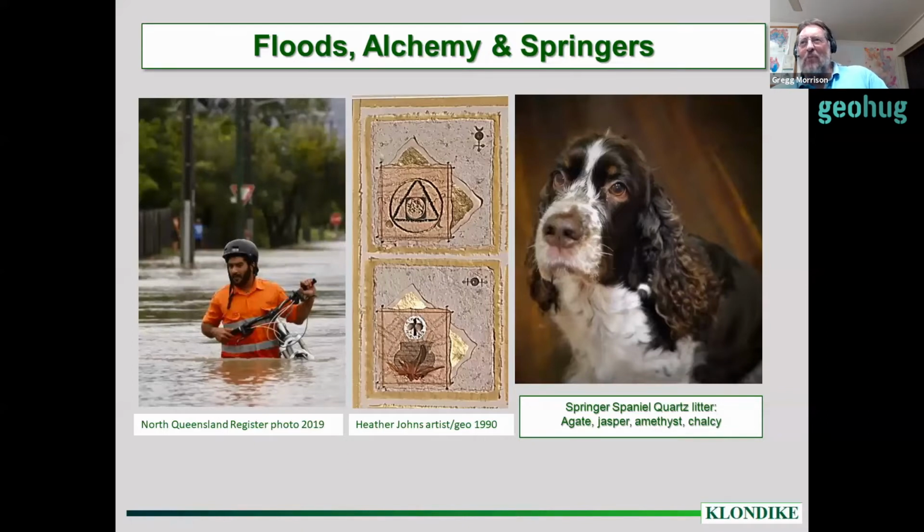At the same time, when the project was really popular, my wife, who breeds Springer Spaniels, had a new litter, and so we decided to call them by quartz names. So we had Agate and Jasper and Amethyst and Chelsea were the names of the dogs in that group. So there was a period there where we were all excited about epithermals.